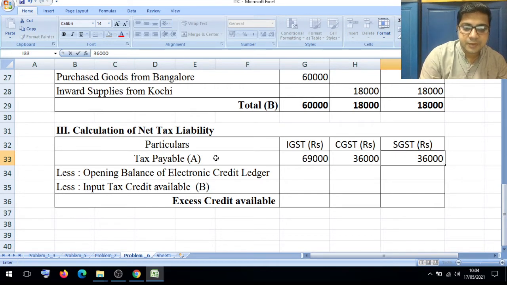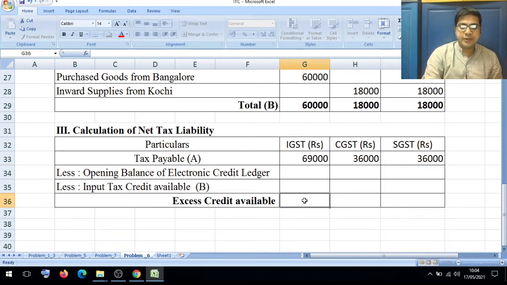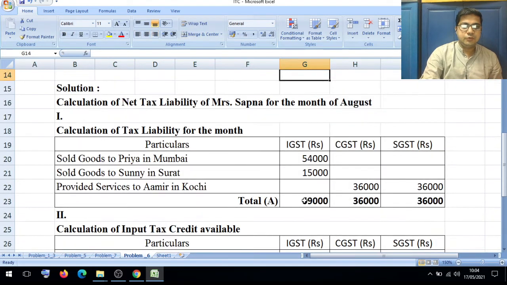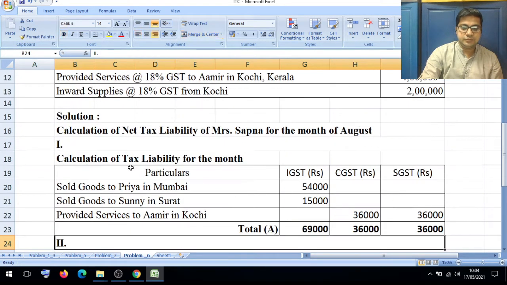It means tax payable at the time of sale of goods and tax payable at the time of sale of services. Then opening balance in electronic credit ledger, that we have to put: IGST 23,000, CGST 30,000, SGST 40,000.